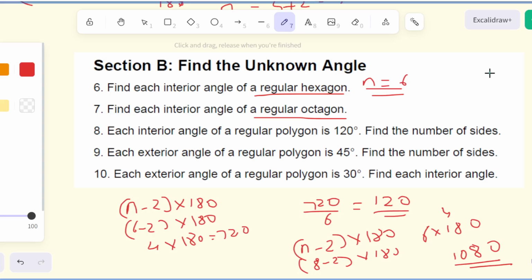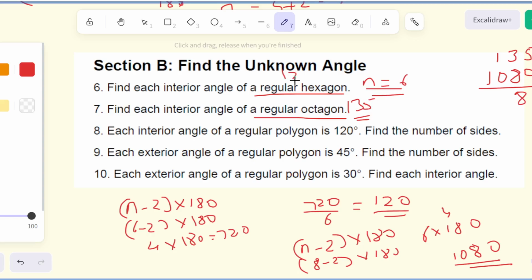Now just divide that by 8, no? So what will you get? 1 times 8, 28, and then you get a 3 times 8, which is 24, 40, 135. So 135 will be each interior angle, right? All is well? It's a long division.